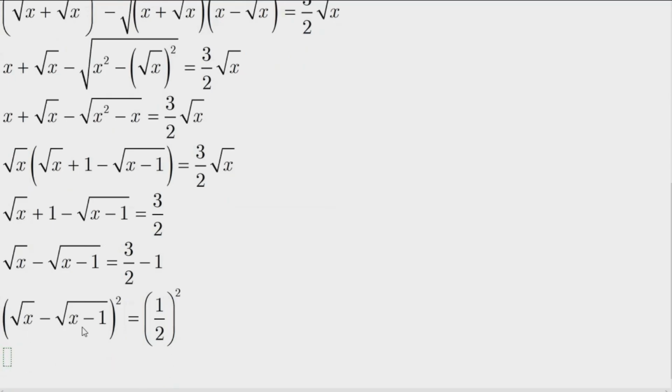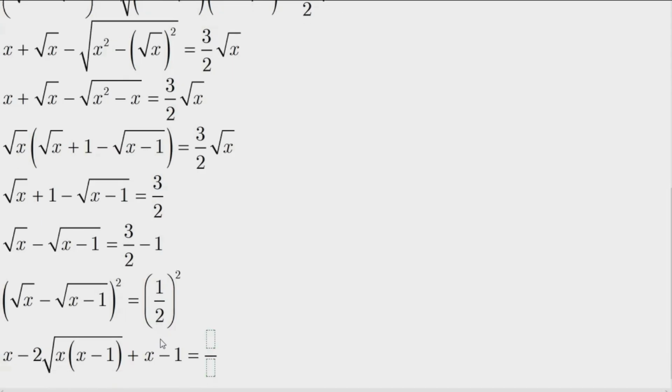Okay, now we're going to expand this by using the formula a minus b all squared, that will be equal to a squared minus 2ab plus b squared, that will be equal to x, right, minus 2 square root of x minus 1, and then plus b squared, which is this squared, equals x minus 1 equal to, so 1 squared equals 1, and then 2 squared, which is 4, right, that will be 1 divided by 4.